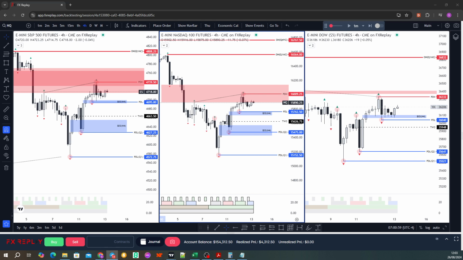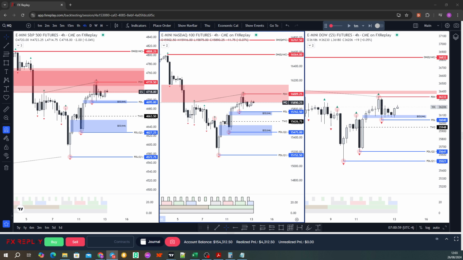So, TOs. I detailed previously how I identify low probability conditions. Well, currently price is above the true week open on all members, supporting the idea of high probability shorts.